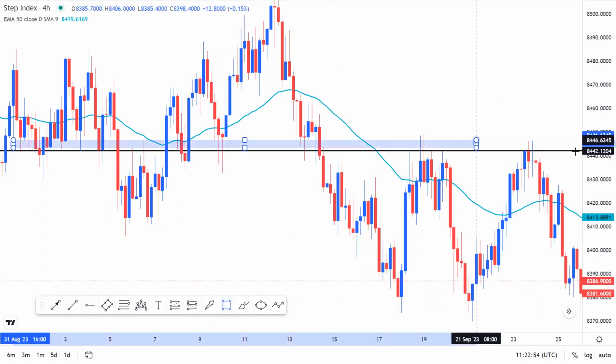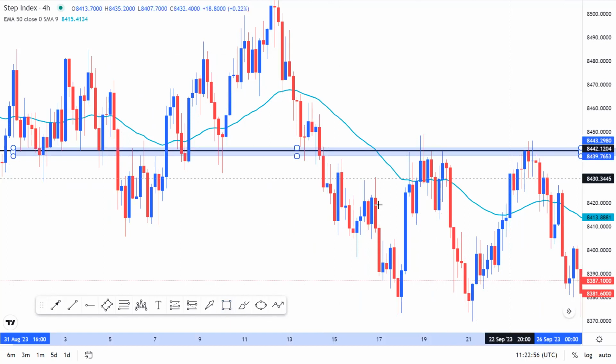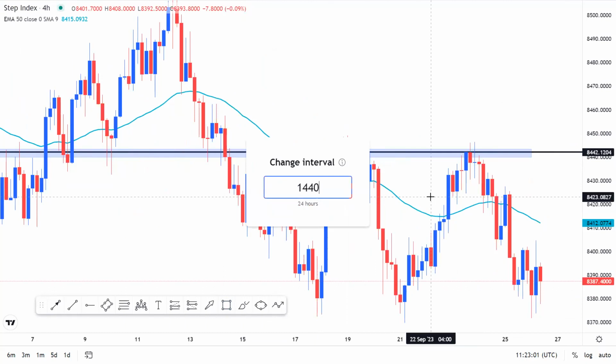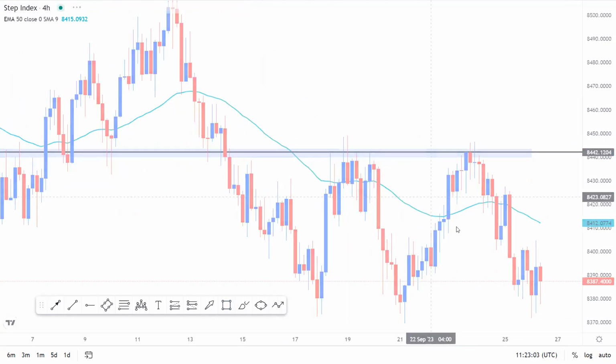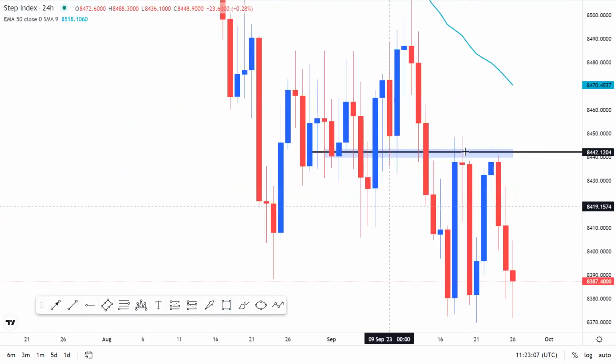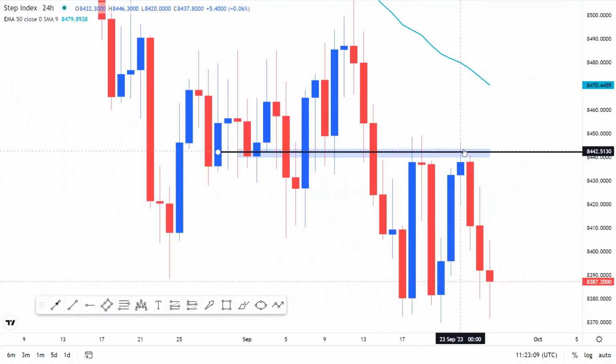So I'm coming to this daily key level right about here. Let me bring up the daily time frame. As you can see, we are trading into a daily key level.